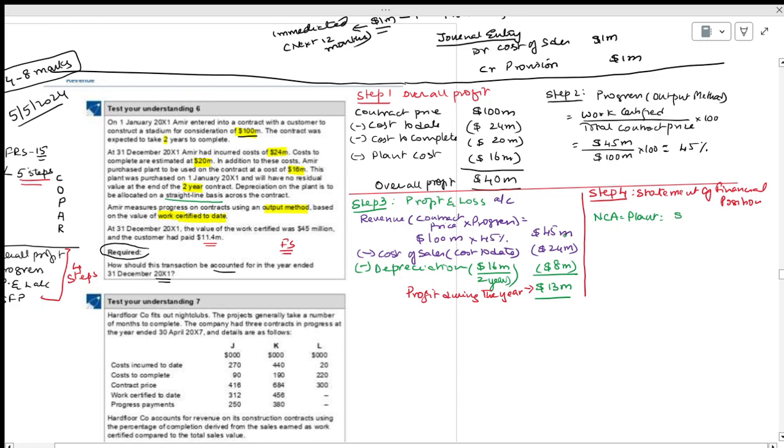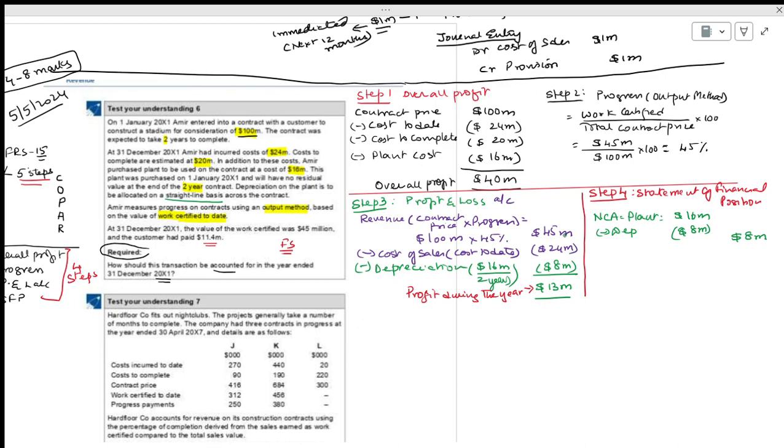How much is the plant? 16 million. How much have you calculated depreciation? 8 million. What is the value of plant? 8 million.